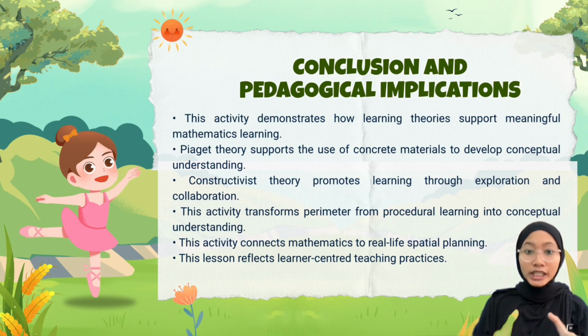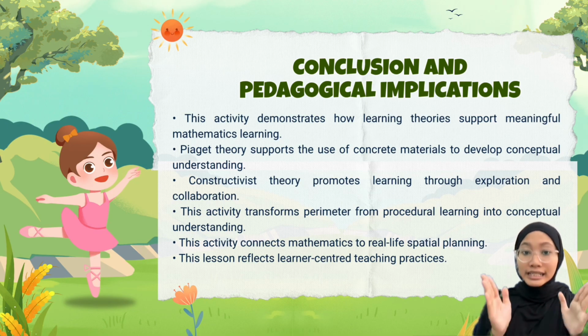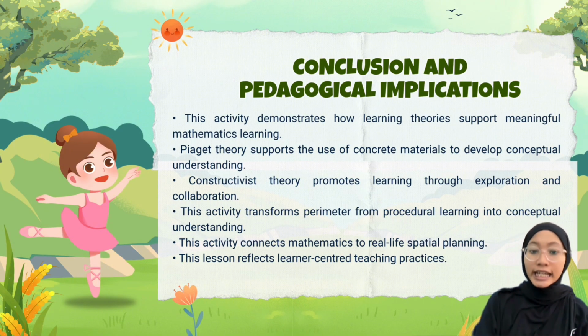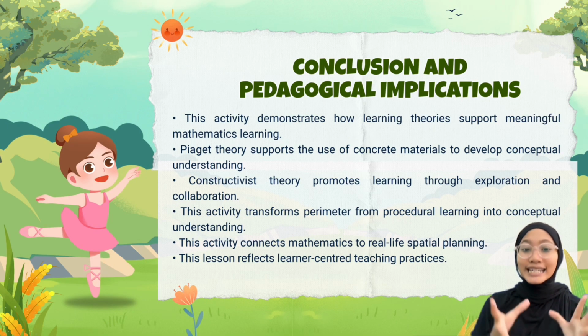From the constructivist perspective, the activity promotes learning through exploration and collaboration, where pupils actively arrange furniture, discuss answers, and construct their own understanding. This shows how the activity transforms perimeter from procedural learning into conceptual understanding because pupils understand the meaning of perimeter before applying the formula.